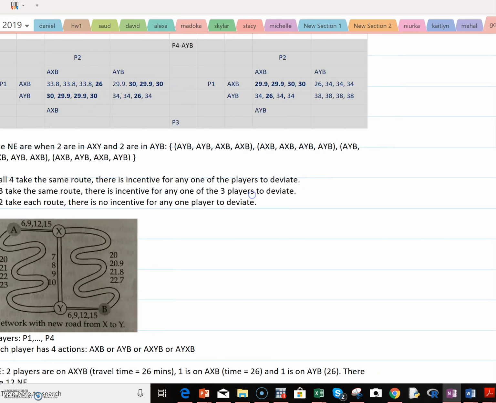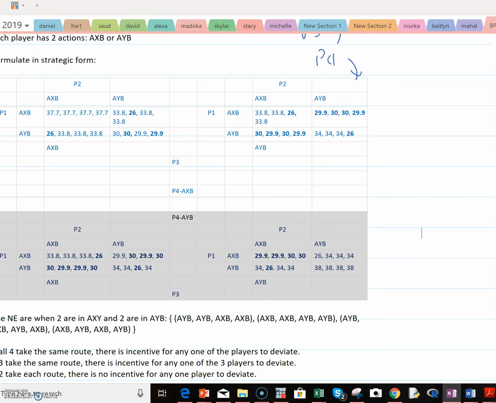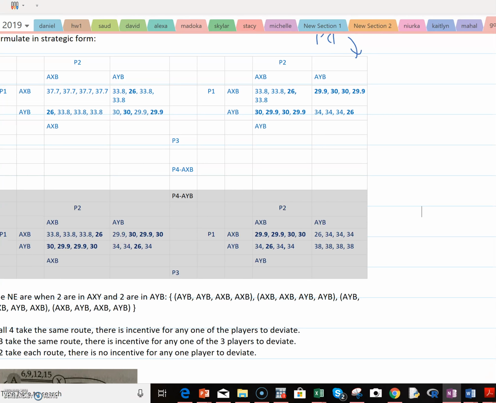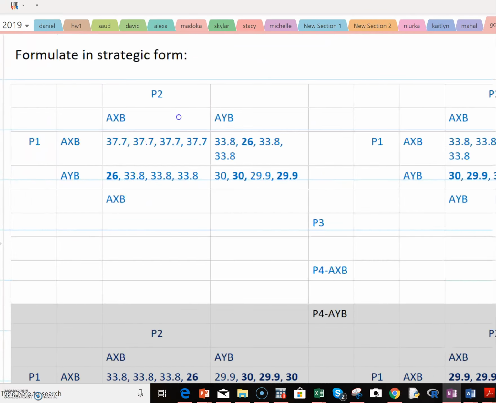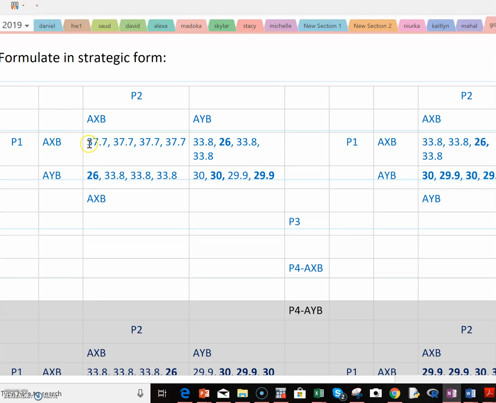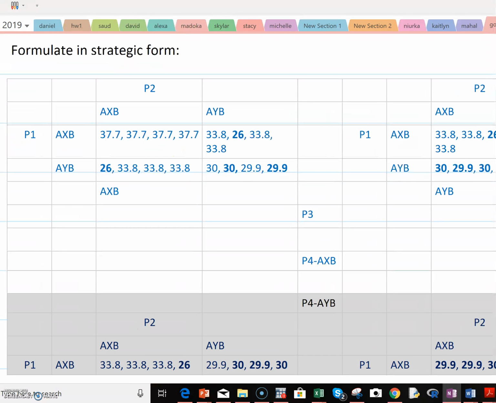Now, to get the Nash equilibrium, say for each of these, we say between 37.5 and 26, player 1 will prefer 26, because 26 is a shorter commute than 37.